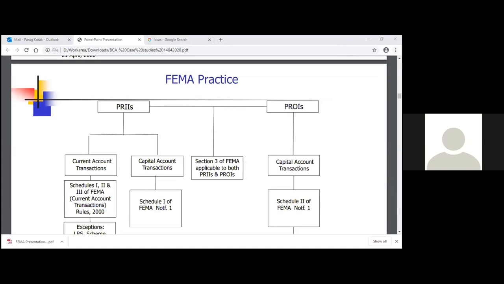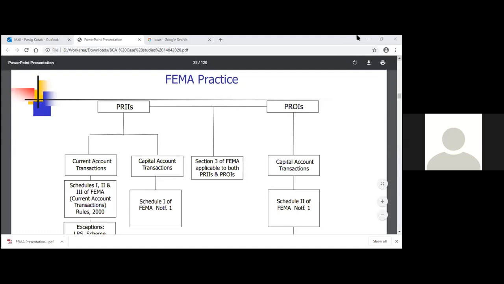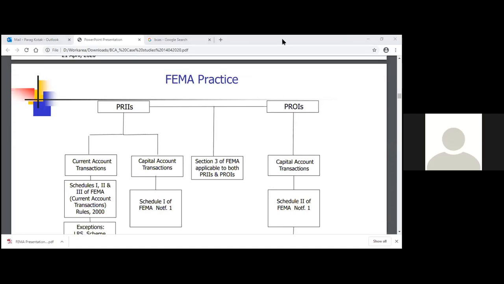And the next two definitions are the residency status, being a resident under FEMA or a non-resident under FEMA. Why are these four definitions important? Just to recap the objective of the FEMA provisions and the law, it is regulating the transactions of residents as well as non-residents in India as well as outside India.